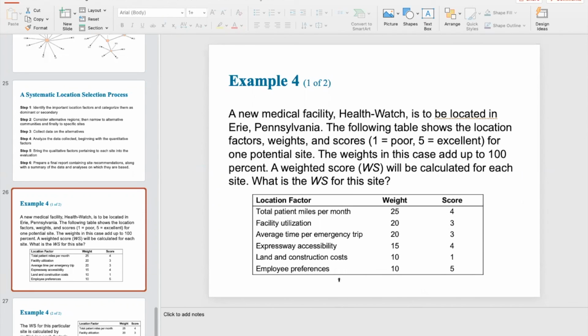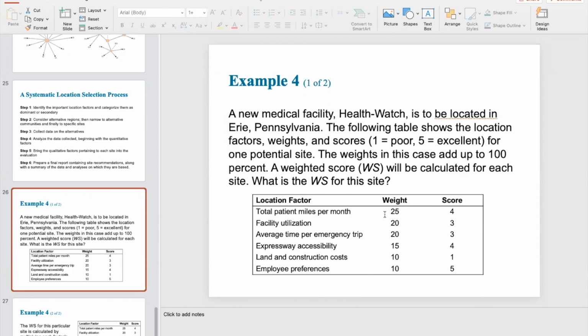So this table clearly shows that, first of all, we value all these specific factors for this specific company. For example, total patient miles per month, facility utilization, and average time per emergency trip are all very important for this specific kind of company. And we put different weights on different factors.